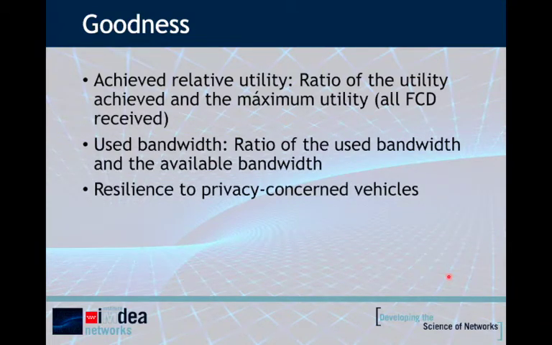We're going to look at three main aspects. One is, what is the utility that we obtain with respect to the maximum possible utility, which is the utility that you would get if we get all the messages. Also, what is the bandwidth that is being used per vehicle? We have a limited bandwidth, but that limited bandwidth is on average.